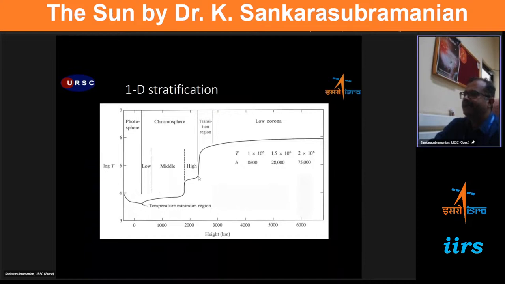At the base of the higher chromosphere, the temperature starts to increase drastically, and then at the corona it goes up to a million degrees Kelvin. This region, where the temperature increases drastically, we call the transition region.